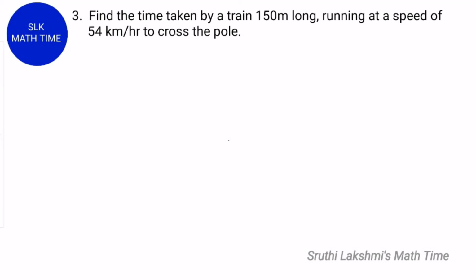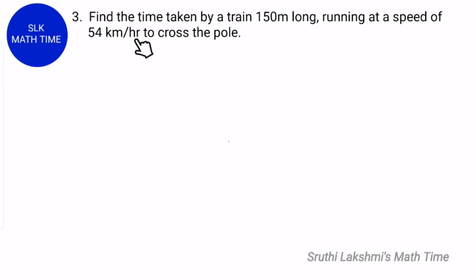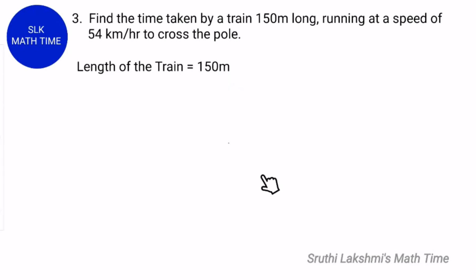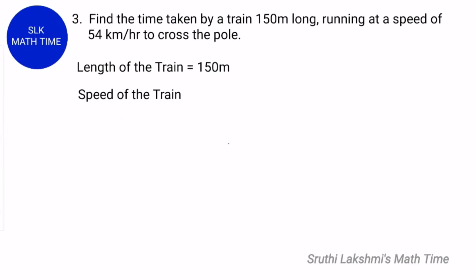Find the time taken by a train which is 150 meters long and running at a speed of 54 km per hour to cross a pole. First, list the given data. The length of the train is 150 meters and the speed of the train is 54 km per hour.